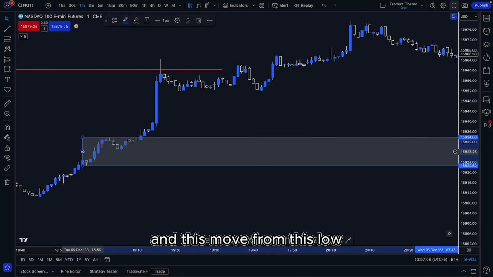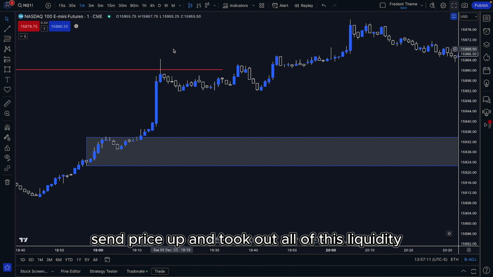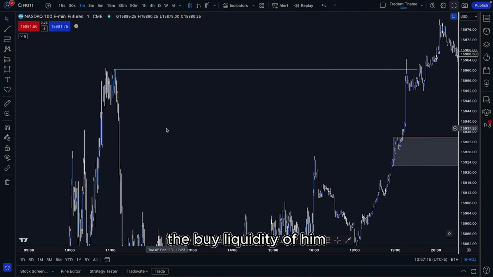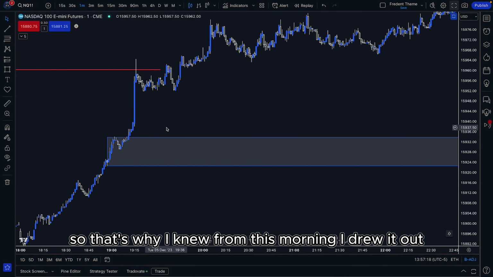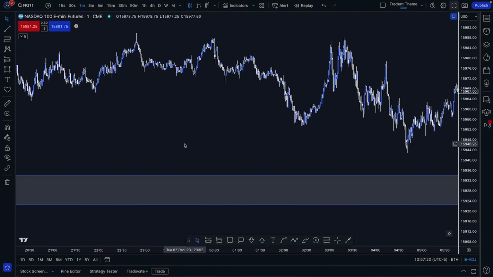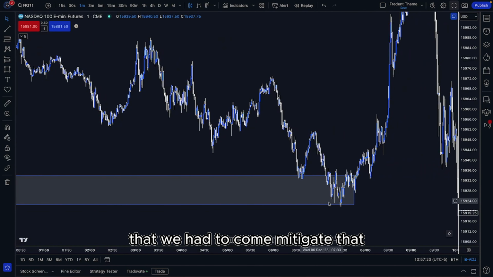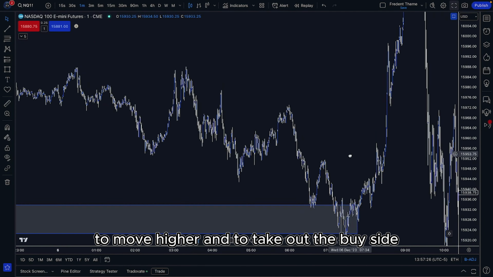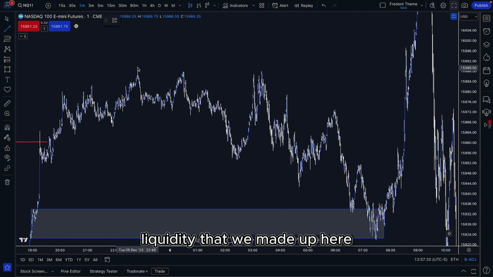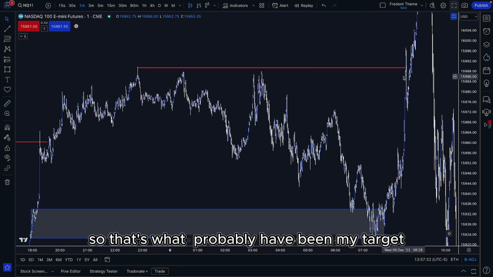And this move from this low sent price up and took out all of this liquidity, the buy side liquidity up here. So that's why I knew from this morning, I drew it out, that we had to come mitigate that to move higher and to take out the buy side liquidity that we made up here. So this would probably have been my target.